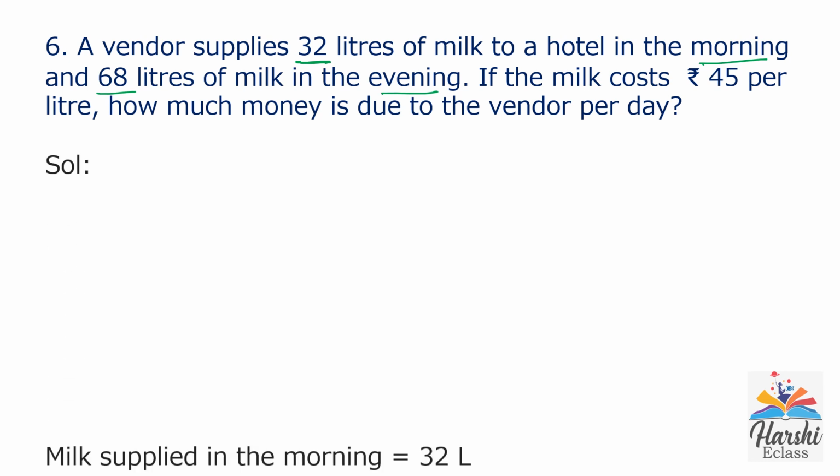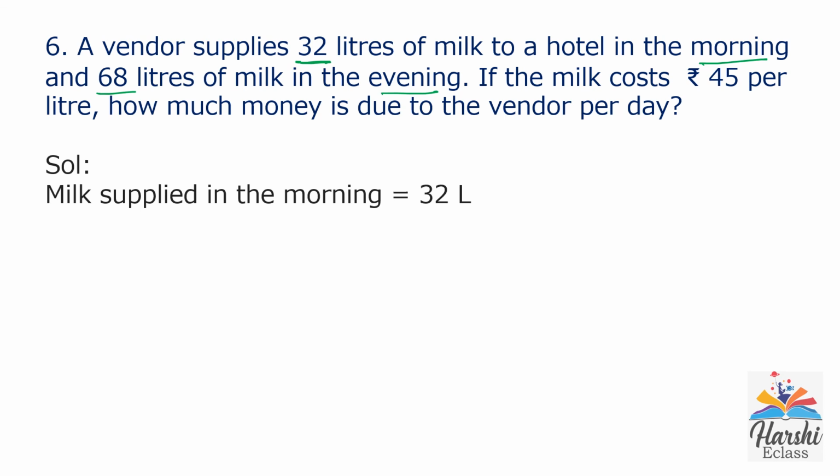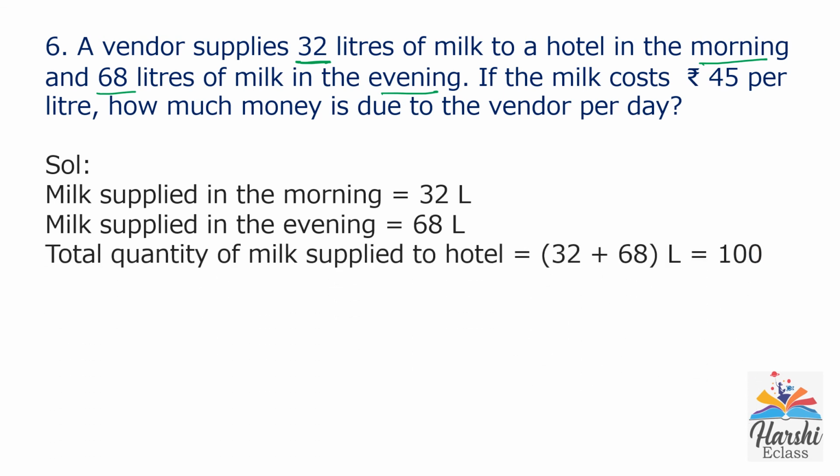Write the statements. Milk supplied in the morning 32 liters. Milk supplied in the evening 68 liters. Total quantity of milk supplied to hotel is equal to 32 plus 68, that is equal to 100.